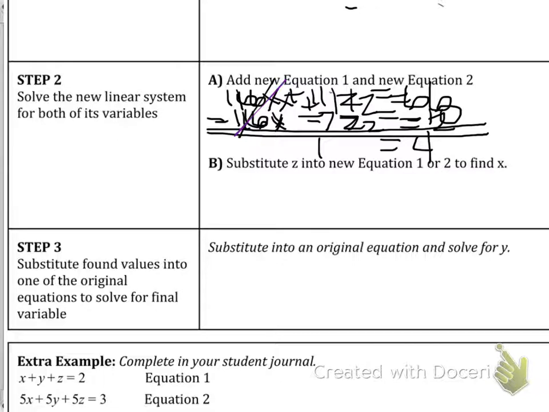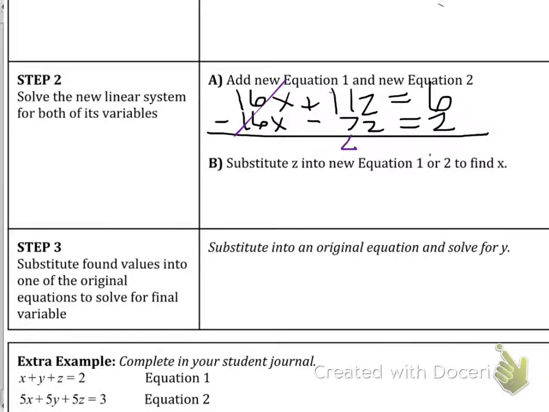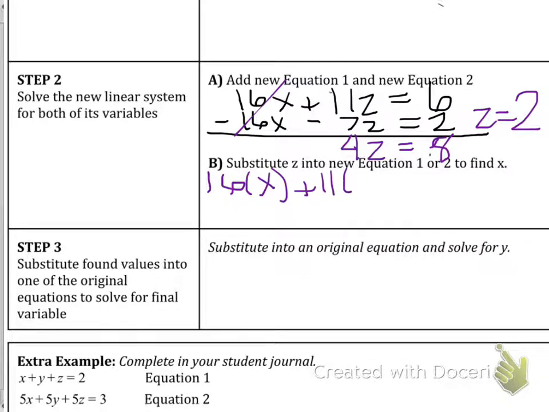Now we'll get 4z equals 8. And so therefore z equals 2. Now in order to solve for x, we take this 2 and plug it back into one of these equations. So I'll just pick the top equation. 16 times x plus 11 times 2 equals 6.